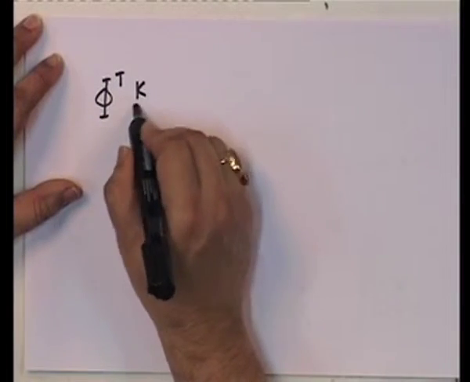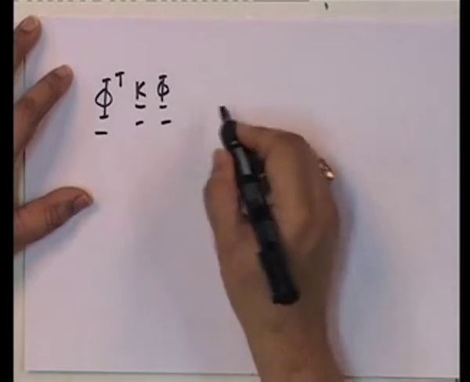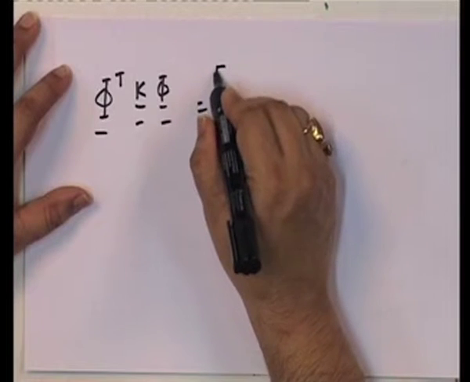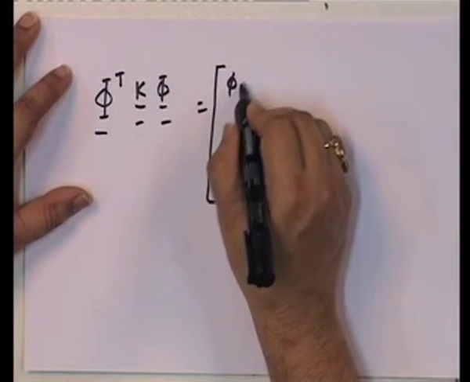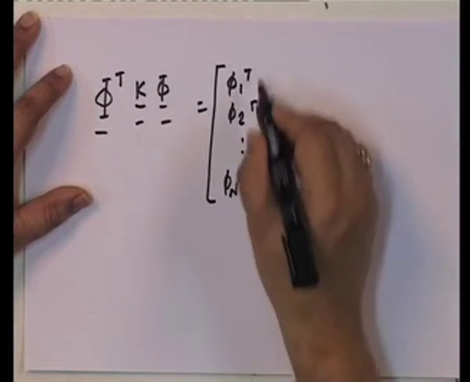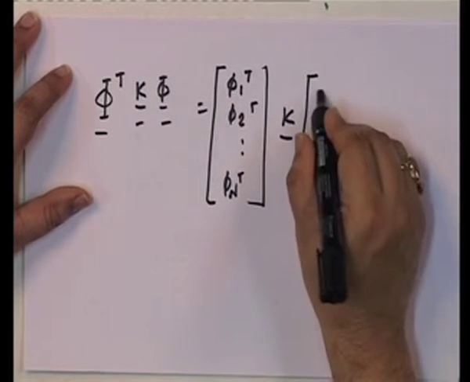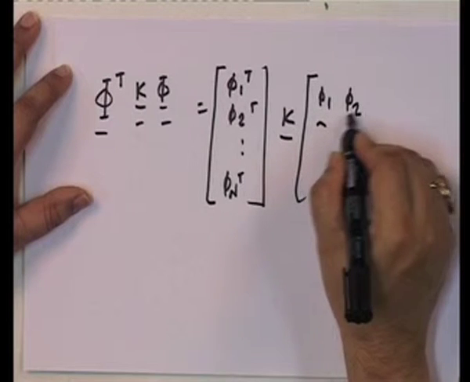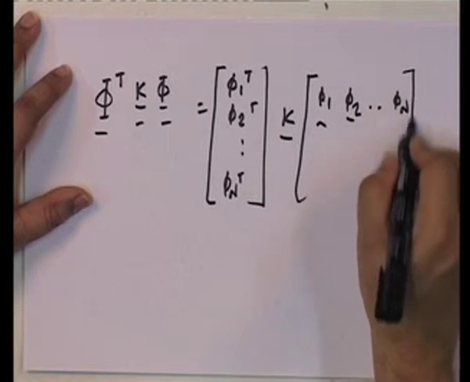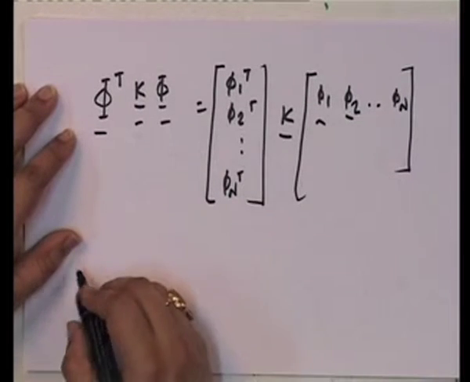Okay. Let us now look at phi transpose k phi. Well, let us see what phi transpose k phi turns out to be equal to. Same thing: phi 1 transpose, phi 2 transpose, phi n transpose, into k, into phi 1, phi 2, phi n.